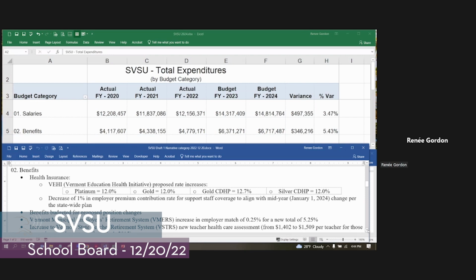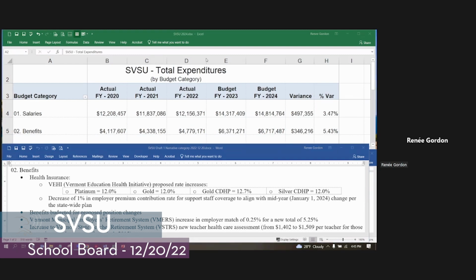Every tier has been suggested to have a 12% increase, with the exception of the Gold CDHP plan, which for next year is a 12.7% increase in the premium. And that happens to be the one plan that most folks are enrolled in. So we have gone ahead and factored that in for those folks enrolled in those plans.